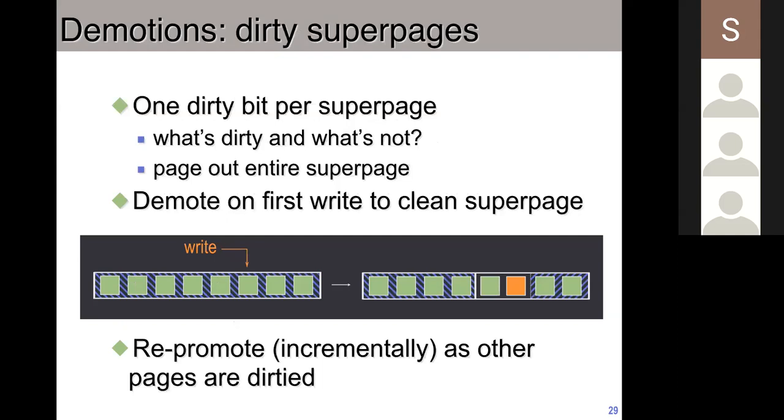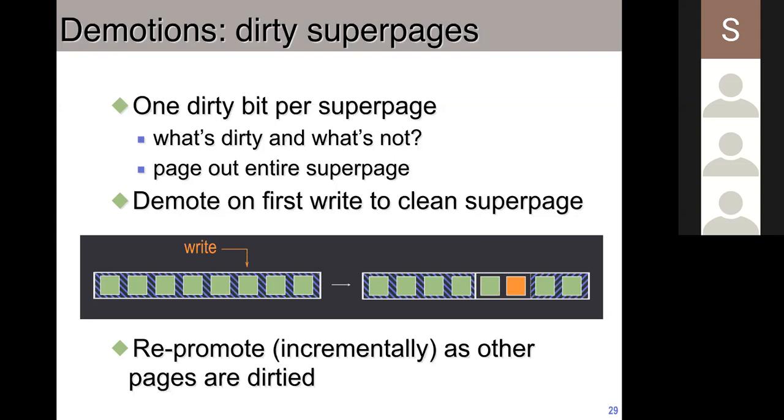Let's say that we're going to swap out a particular page, and let's say that a super page is selected in order to be swapped out. The problem is that swapping out a super page is expensive, because you have to write a lot more to the disk, and then later when you have to bring things back, you have to read a lot more back from the disk into memory.